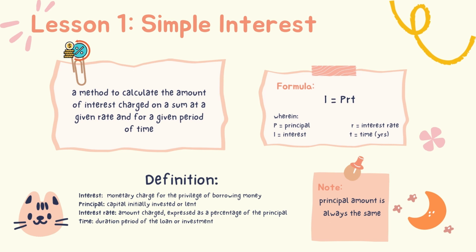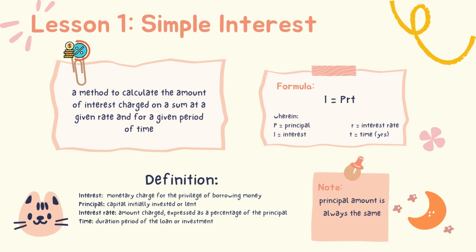Time is the duration period of the loan or the investment. Just a little note here: the principal amount is always the same in simple interest. In other topics, the principal amount may vary.